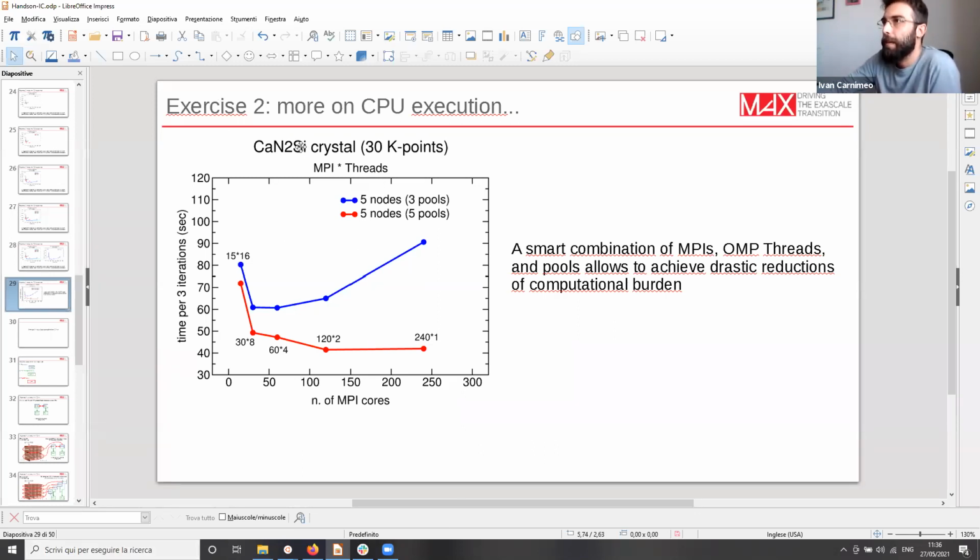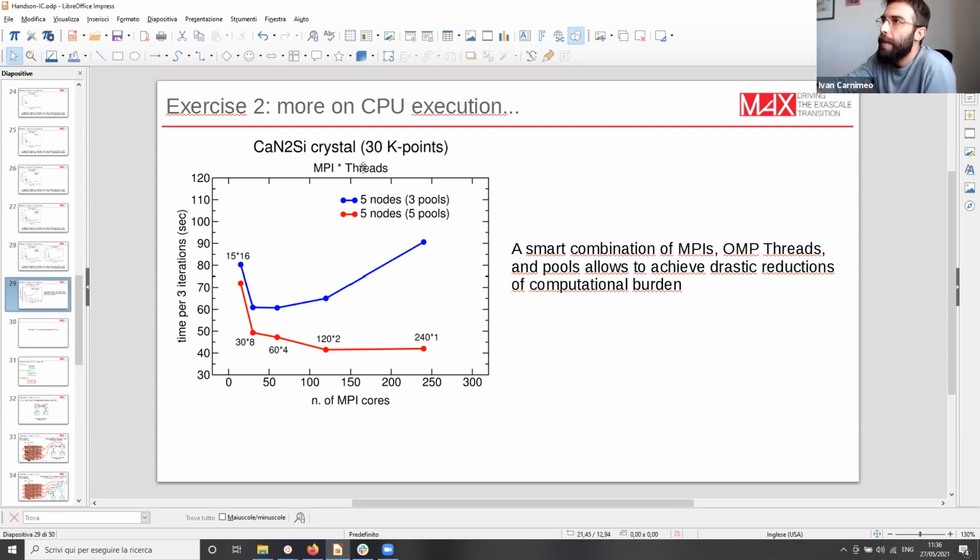Here we have a crystal, and this system has 30 K points, and I tried these calculations on 5 nodes. Of course, it would have been nice to do this exercise hands-on, but 5 nodes each for 100 people is far beyond our possibilities. So I did it myself, and I'm showing you the results.